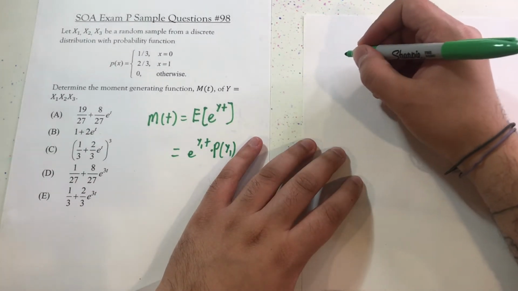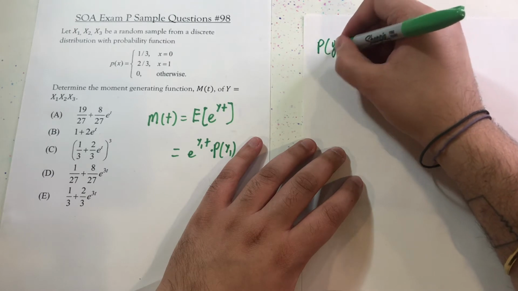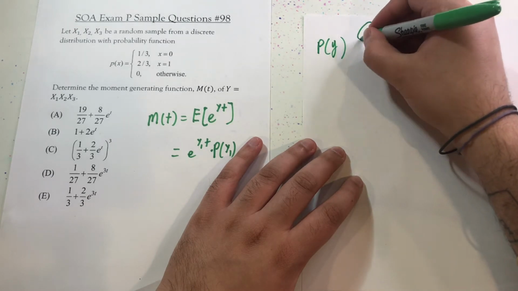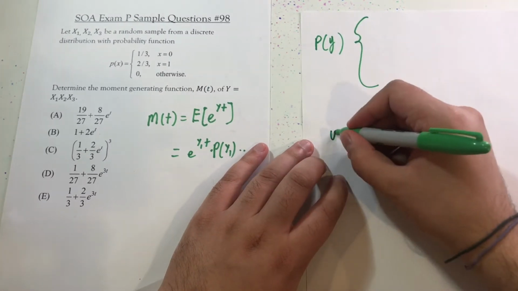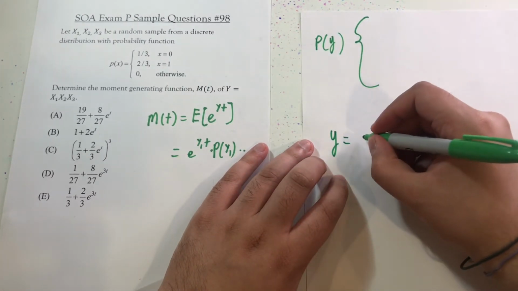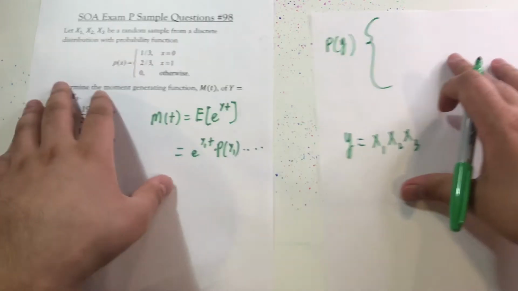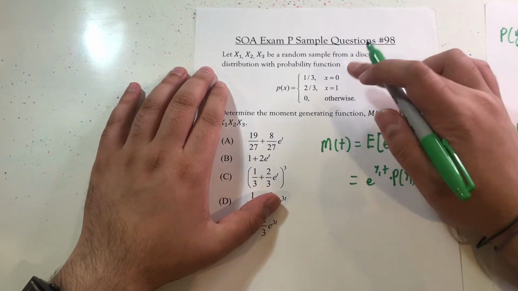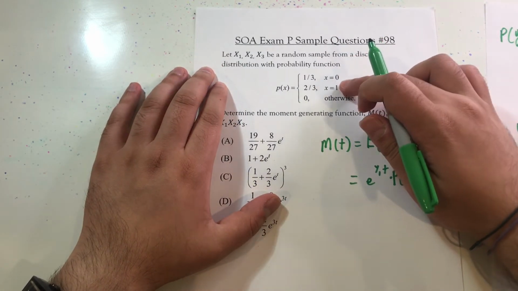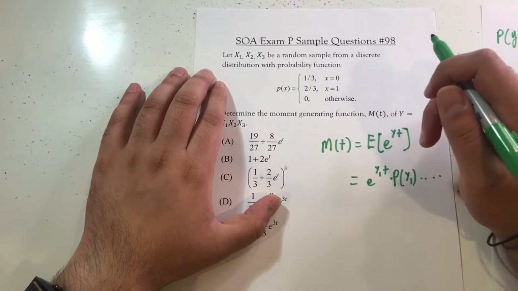So Y is going to have the following distribution. I'll just say probability of Y is equal to the following. Now we know Y is equal to X1 X2 X3. X1, X2, X3 are all identical, and they can either take on 0 or 1. The probability that they take on any other number is 0.